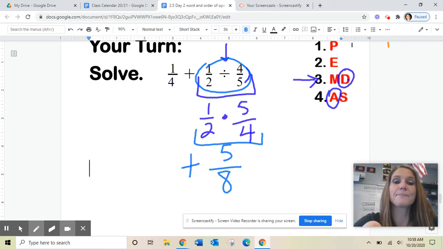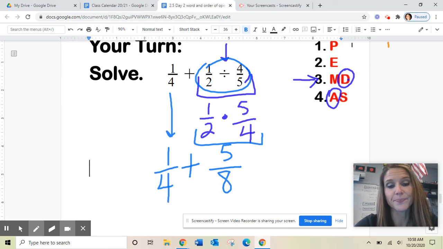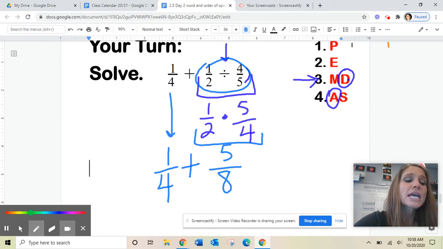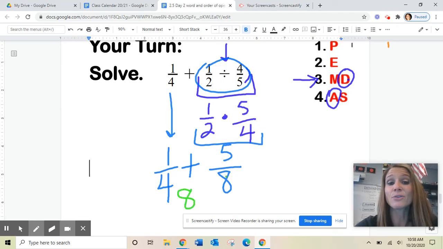But I'm not done yet, because I need to bring on down this 1/4 so I can add these two values together. But I need a common denominator. So if we count by 4s and we count by 8s, 8ths is the first value that they both have in common. The good news is 5/8 is already in 8ths, but 1/4 is not.